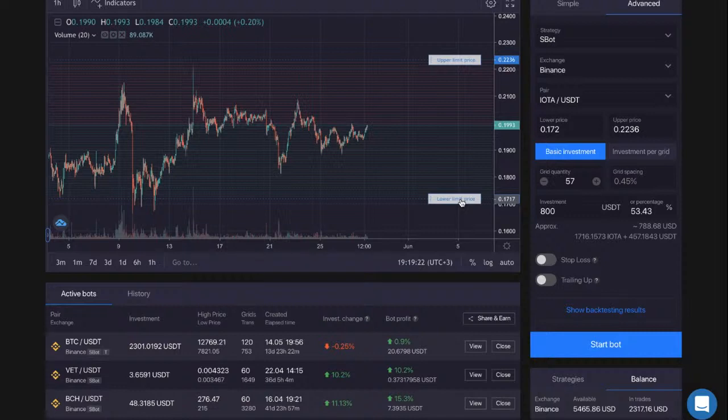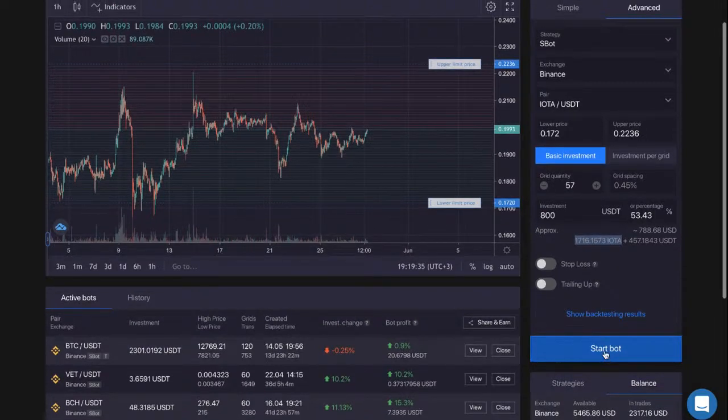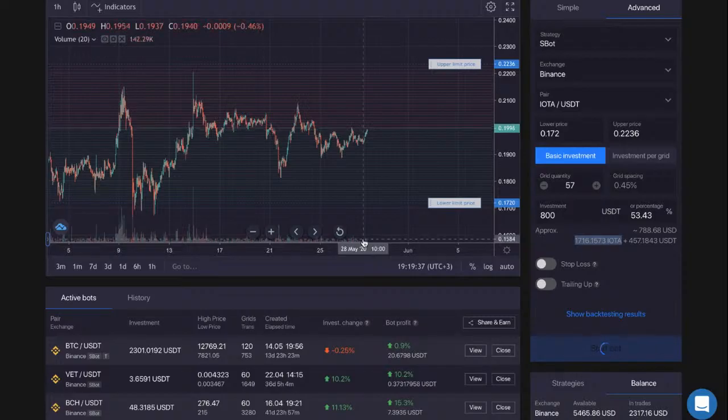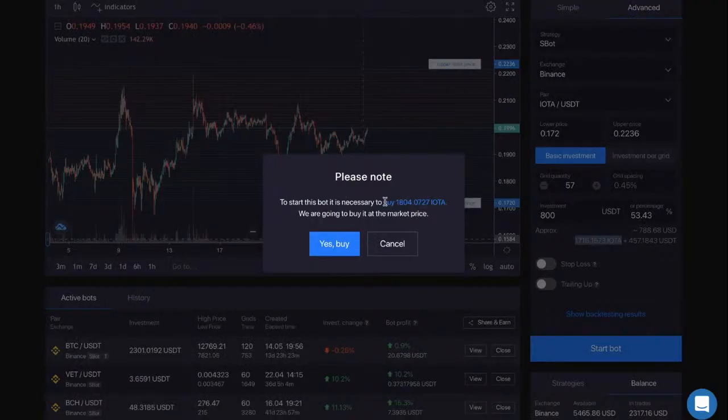And the question is, what you can do if you don't have that amount of IOTA on your account right now to initiate the bot? Well, you can simply click on Start Bot, and it will automatically tell you that in order to start, you must have that amount of IOTA.